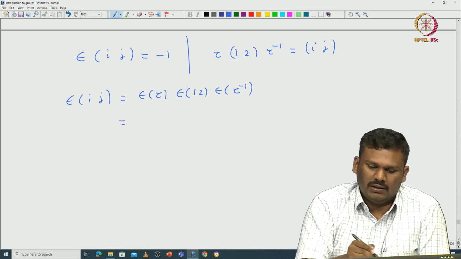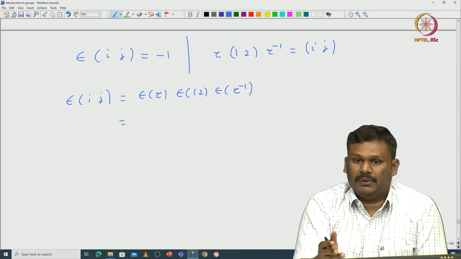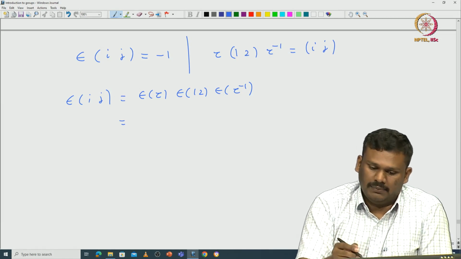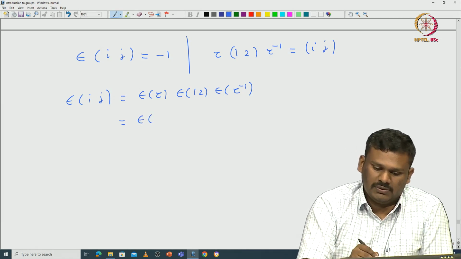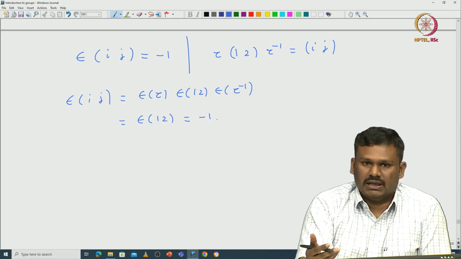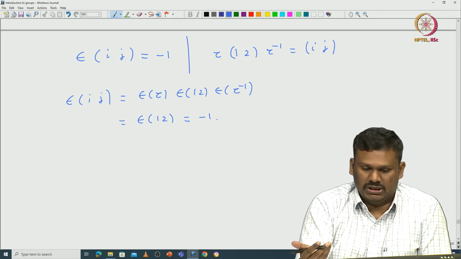But epsilon being a group homomorphism, and it is happening inside {+1, -1}, which is a commutative group, this is going to be exactly equal to epsilon of (1 2), but epsilon of (1 2) we already know is -1. Okay. So, this is another way of computing what epsilon of (i j) is.